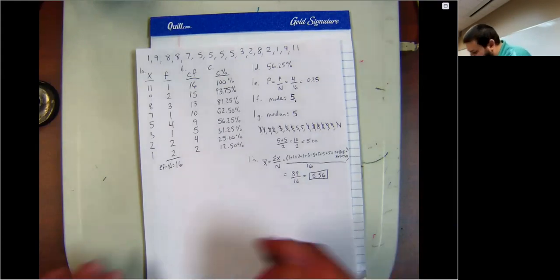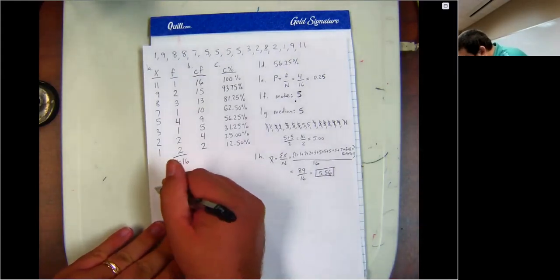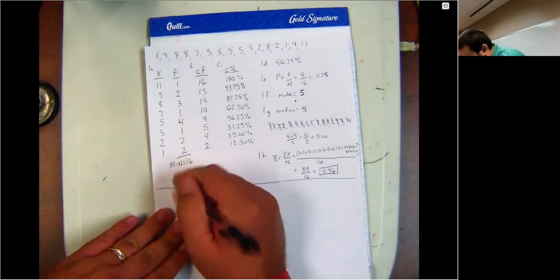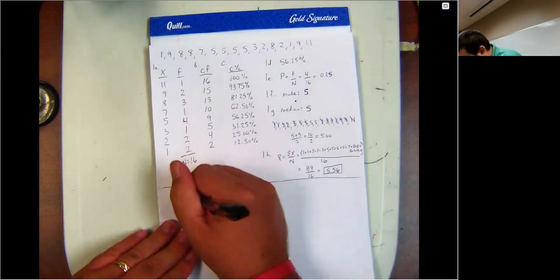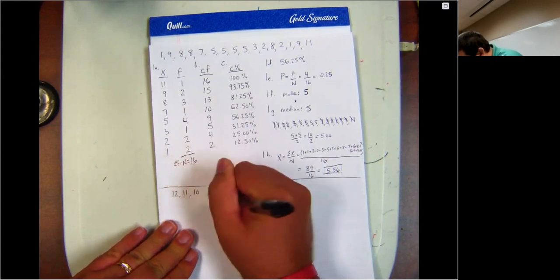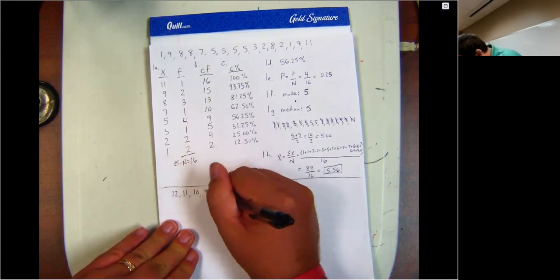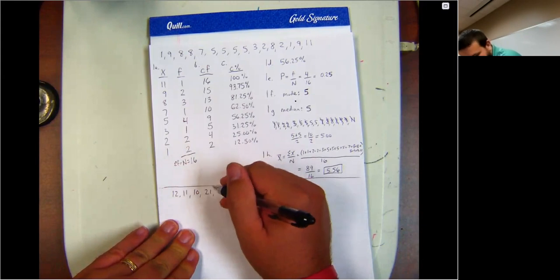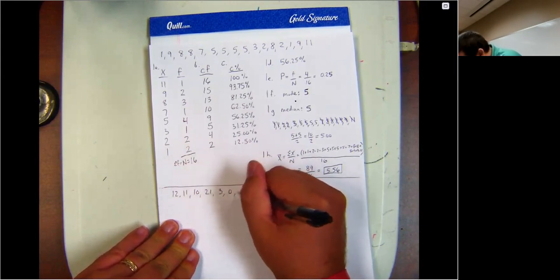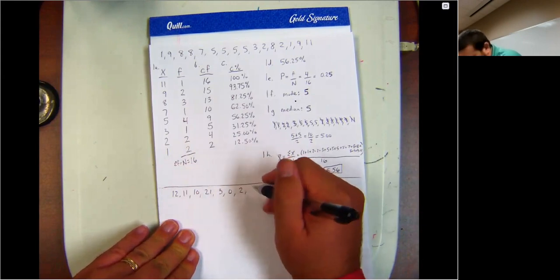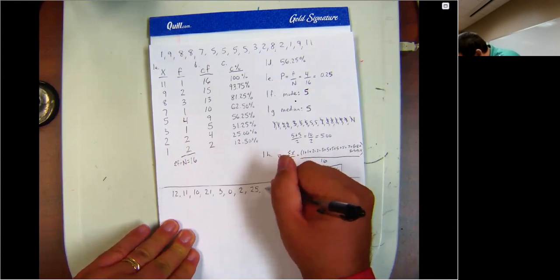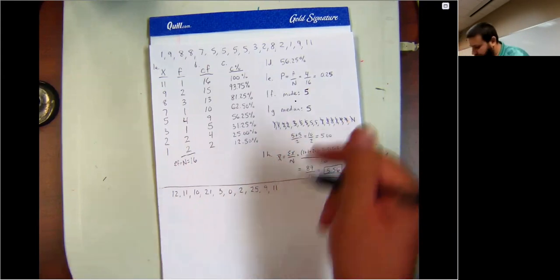So this new number 2, we look at our data set. We have a 12, an 11, a 10, a 21, a 3, a 0, a 2, a 25, a 9, and an 11.